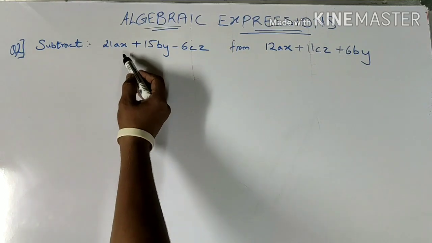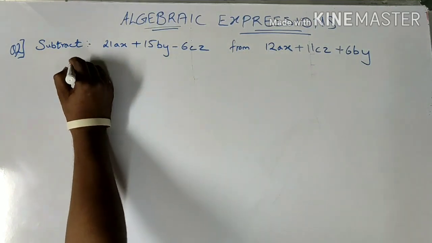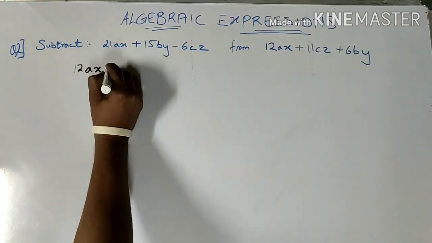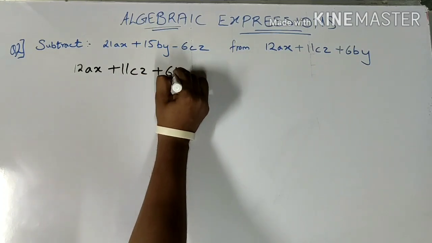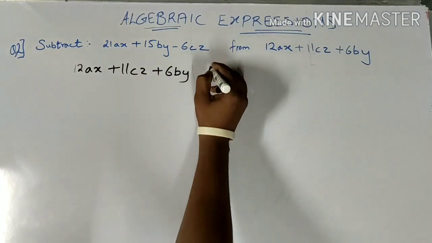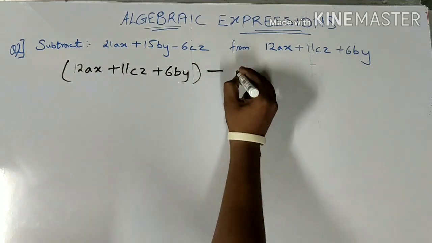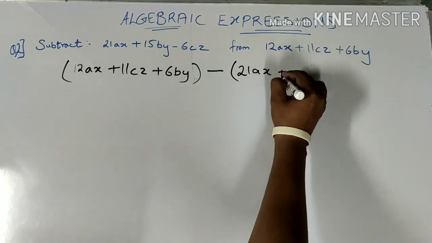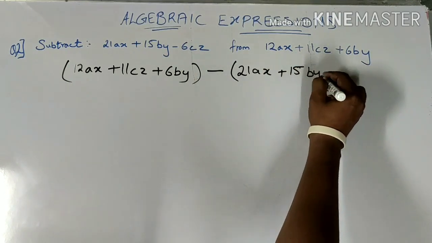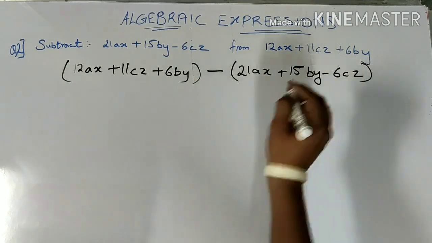So subtracting this expression from this expression means the second expression will come first: 11cz plus 6dy minus the second expression, that is 21ax plus 15by minus 6cz.